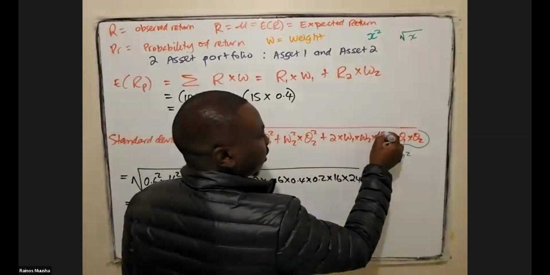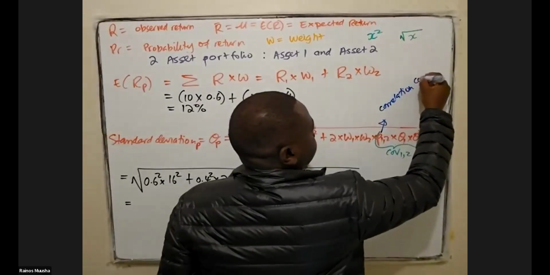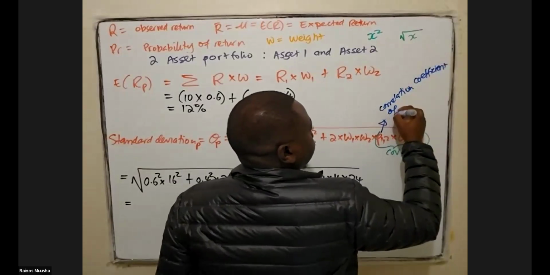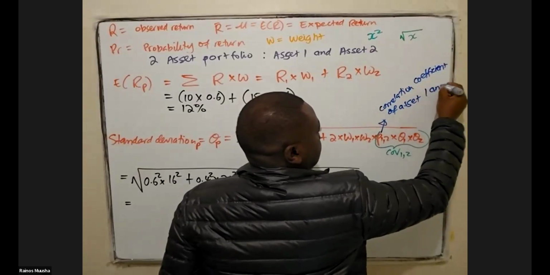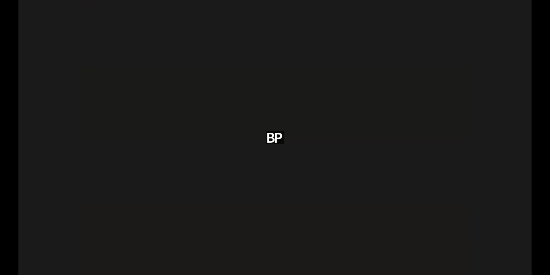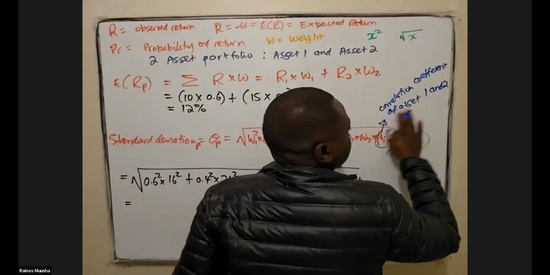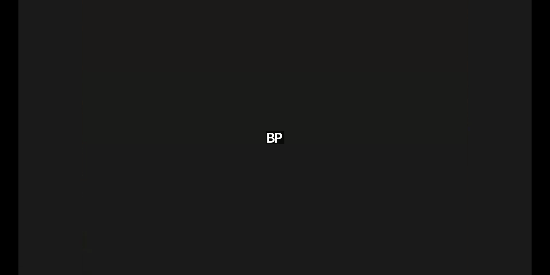This one here? It's your correlation coefficient of asset 1 and 2. That's what it means there. Okay, thank you.